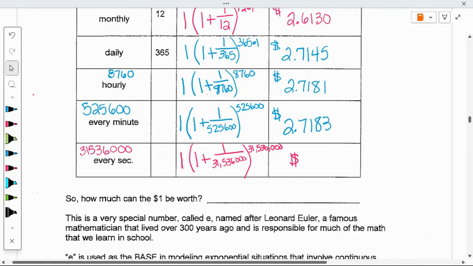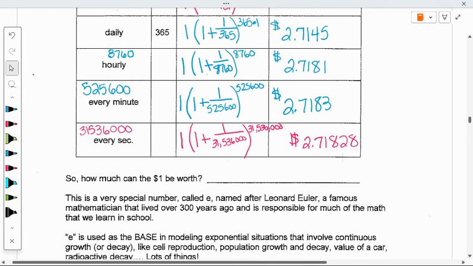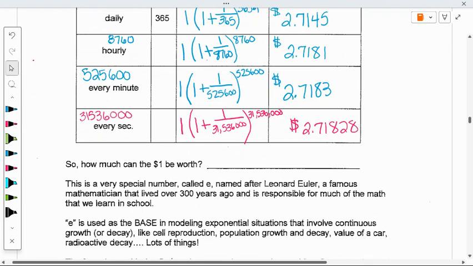What'd you get now? Okay. So what is the most amount of money that $1 can be worth if you compound it constantly? Constantly, constantly, constantly. Yeah, $2.72. That's the most it can be worth.